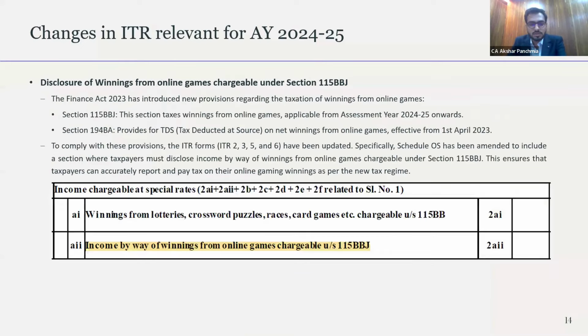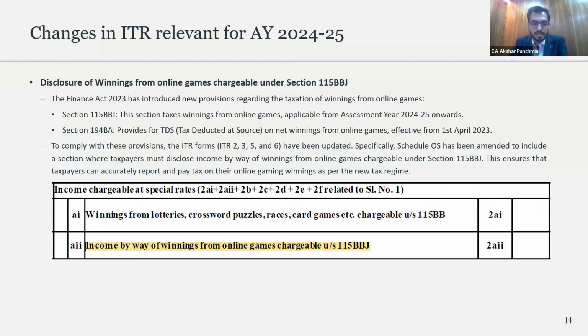All of us these days have come across Dream 11 and other online games. The government today, especially since the World T20 has gone and it was a great opportunity to engage in these online games, now wants to capture your income, which was otherwise not being reported. So it has put in new sections, especially under your charging and under the TDS for your winnings from online games.